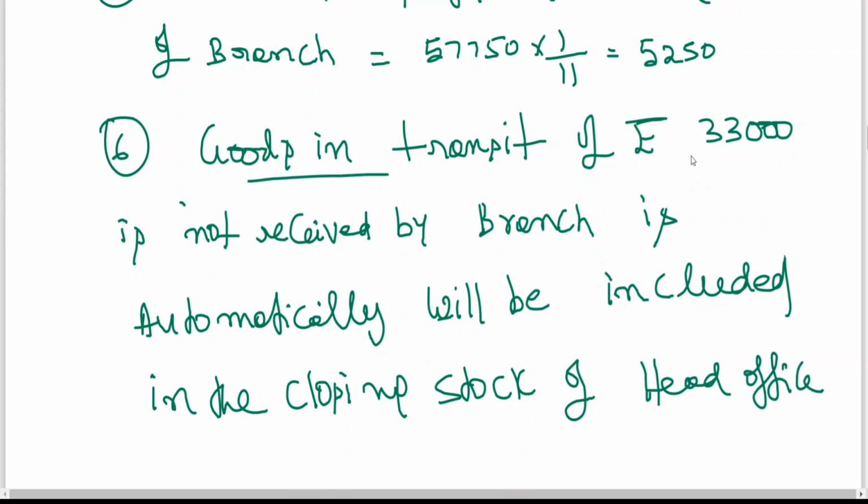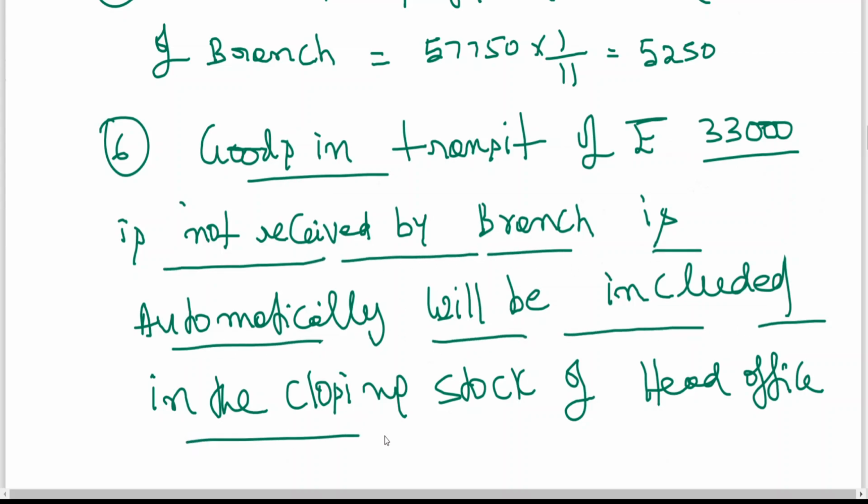Goods in transit of rupees 33,000 not received by branch is automatically included in the closing stock of head office.